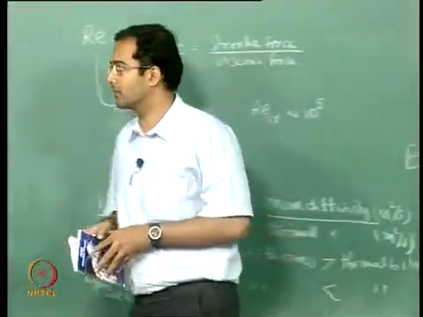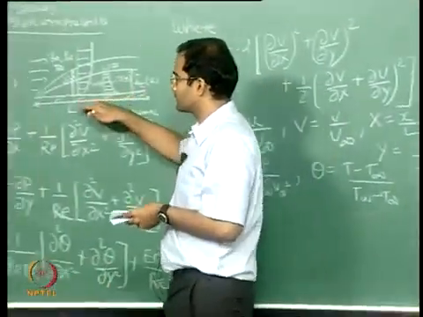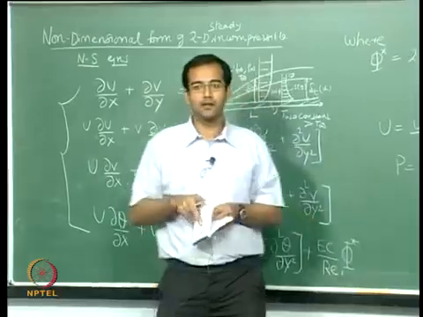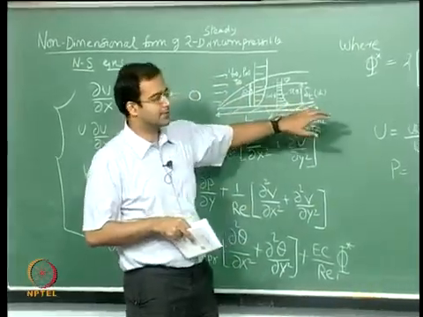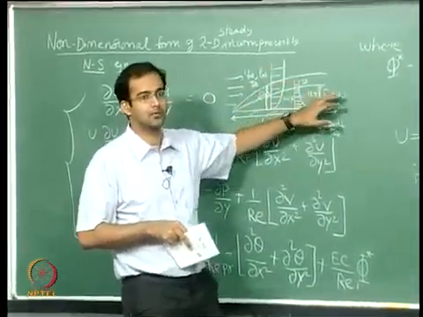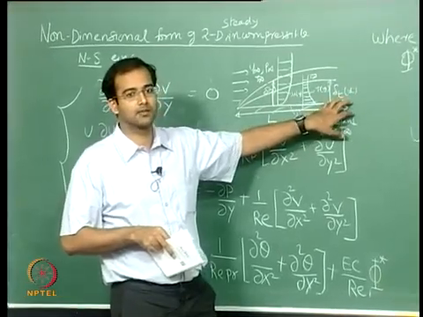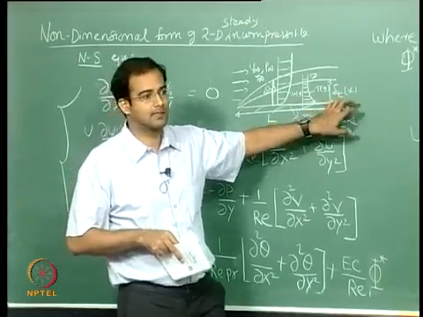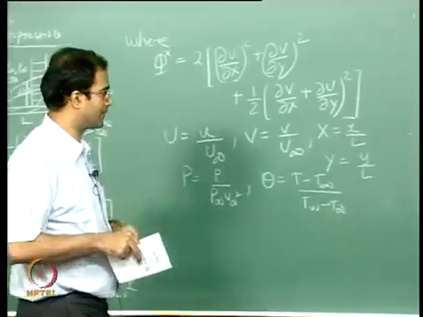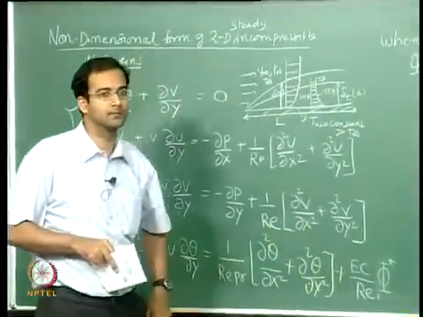So even if you maintain the wall as adiabatic, due to viscous dissipation you can have a temperature profile. The temperature profile can set in essentially because of the Eckert number, which comes into the viscous dissipation term.